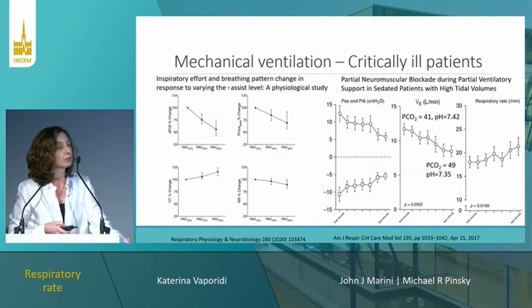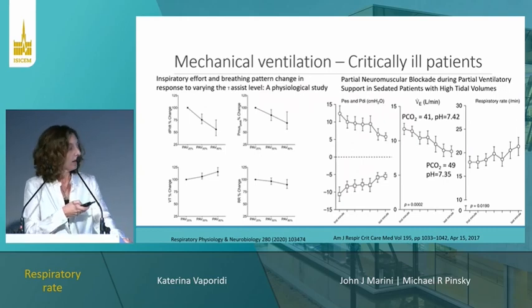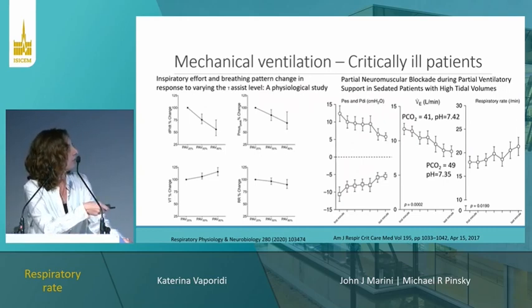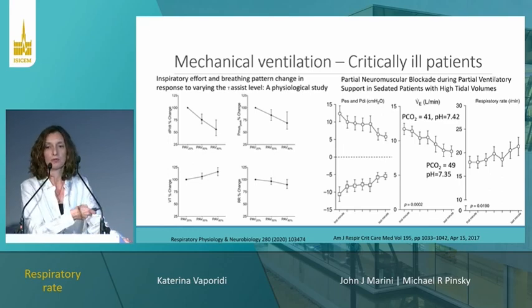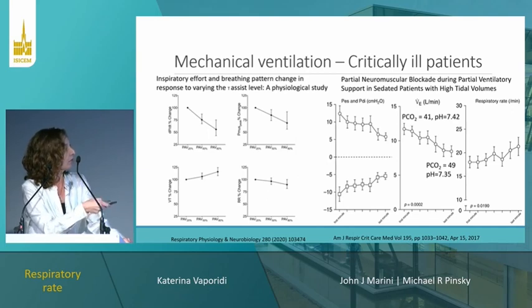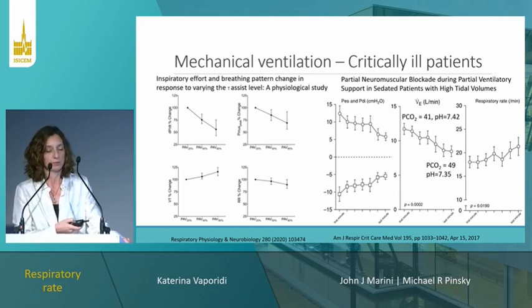And moving on to critically ill patients, we published this study some years ago. We changed the level of assist in a proportional mode, so the patients are more freely able to choose the tidal volume. With increasing assist, respiratory drive and effort decreased, and tidal volume modestly increased, but respiratory rate had a very minor change.